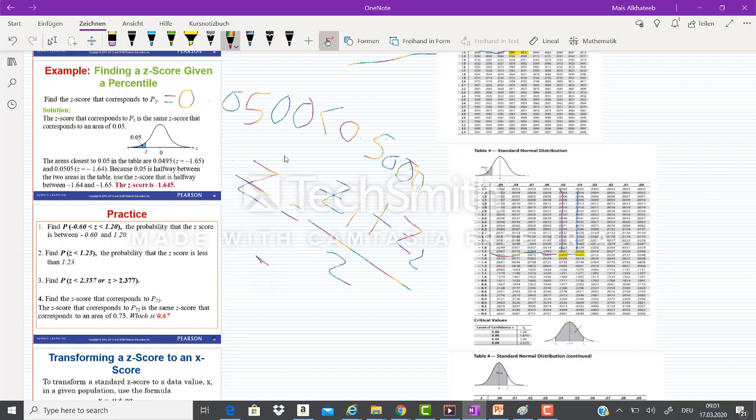That means it will be equal to minus 1.64 plus minus 1.65, divided by 2. So I will get minus 1.645. So I calculate Z for this value.